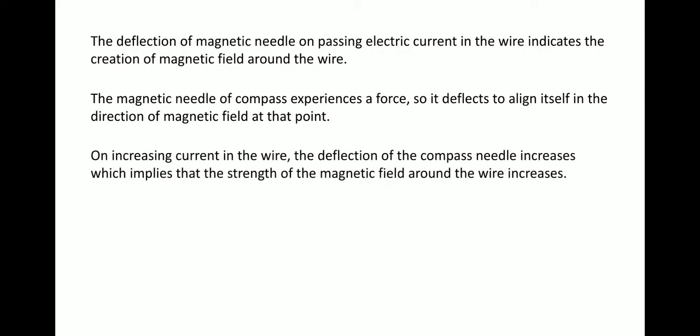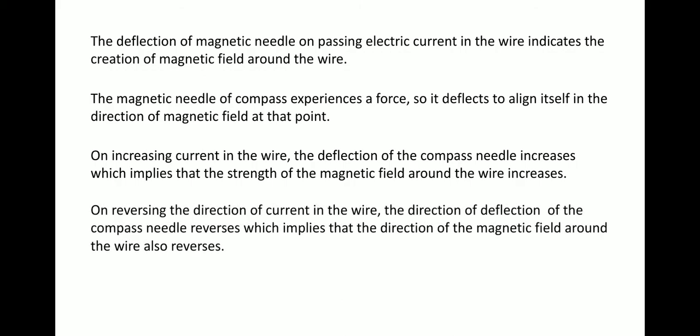On increasing the current in the wire, the deflection of the compass needle increases, which implies that the strength of the magnetic field around the wire also increases. And on reversing the direction of current in the wire, the direction of deflection of the compass needle reverses, which implies that the direction of the magnetic field around the wire also reverses.